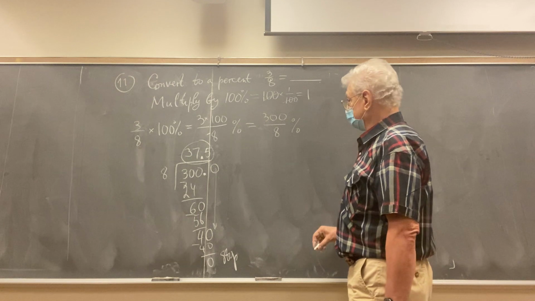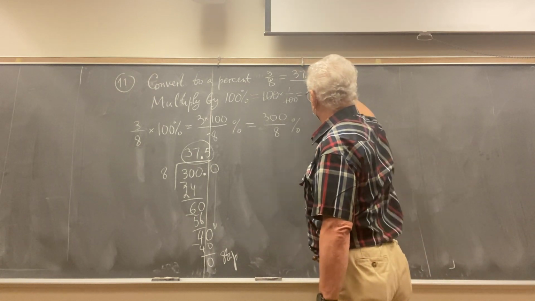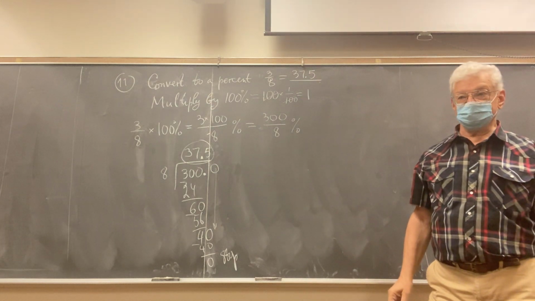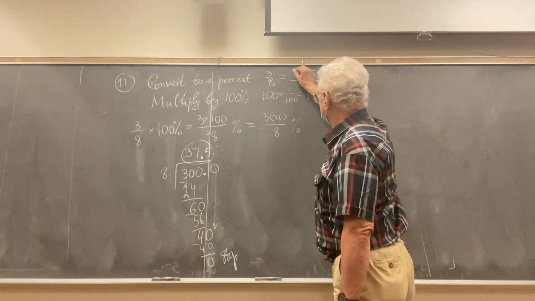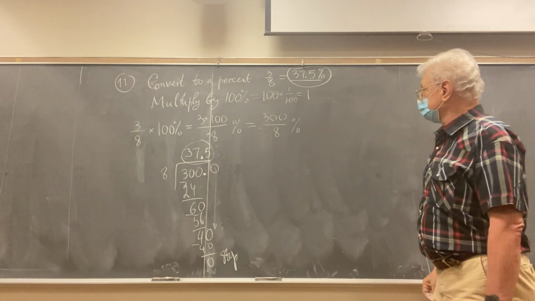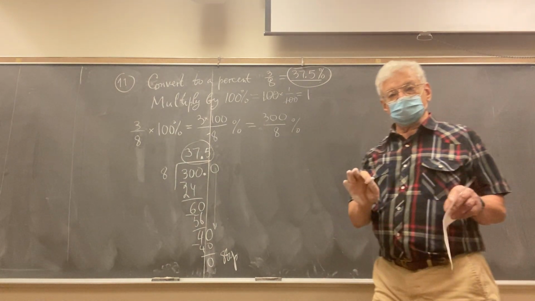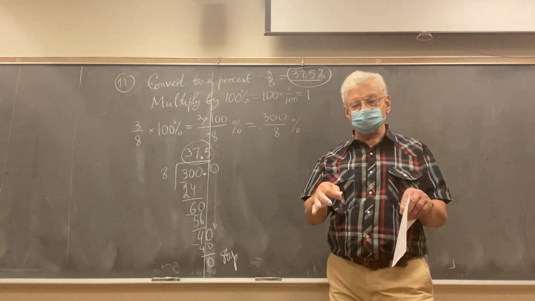So what's the answer? 37.5. If you write it that way, you will lose a point at least. Don't forget to write the percentage sign and then circle the whole thing, so the answer is in percentage. Got it, right? So again, to convert into percent, multiply by 100.